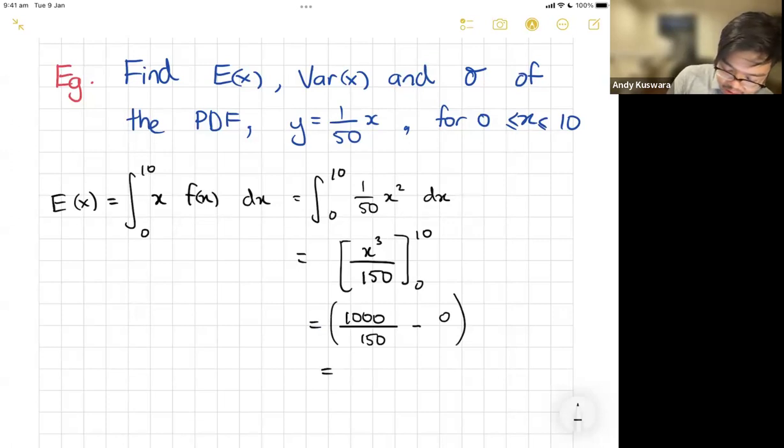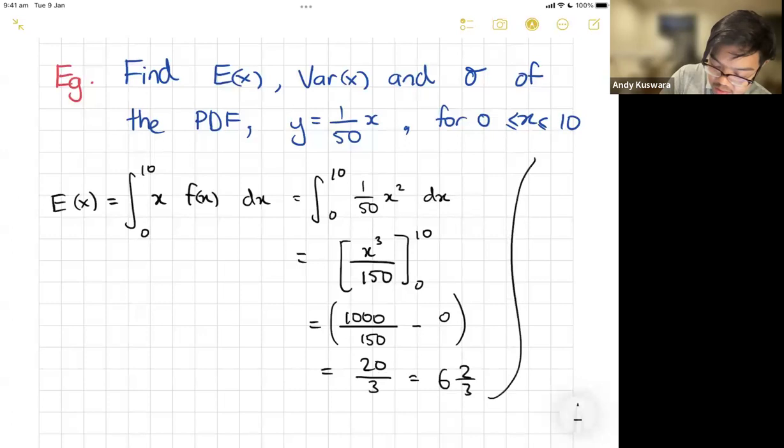How many 50s? Something over 3, 20 over 3. So for this particular case, our expected value is 20 on 3, or 6 and 2/3. I'll write this down because I want you to make sense of it. That means my expected value for scores between 0 and 10 is 6 and 2/3.